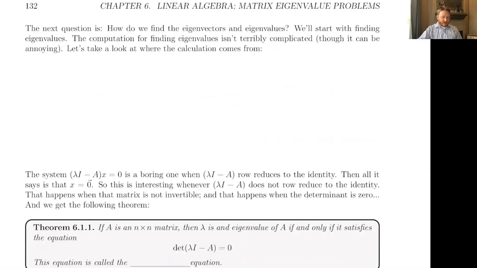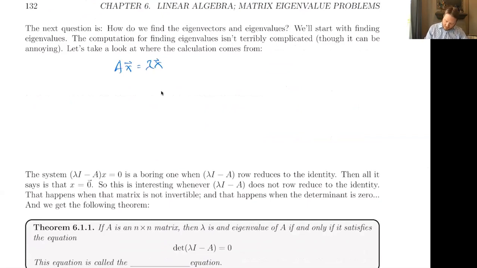So how do we find the eigenvectors and the eigenvalues? The computation isn't so bad, but I want to show you where it comes from. So I have Ax equal to lambda x.